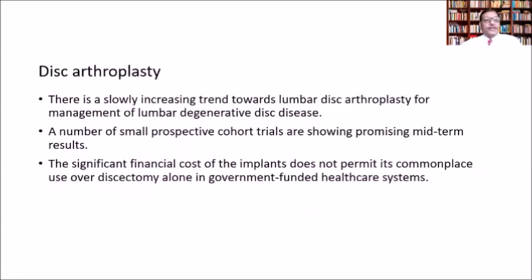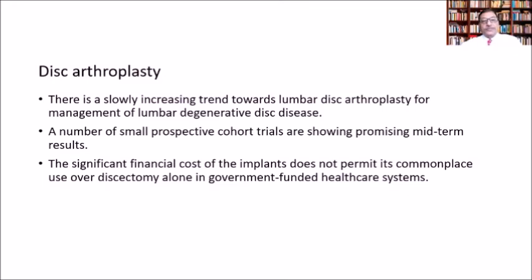Now, many of the surgeons are of the view that disc arthroplasty should be included in the management of lumbar degenerative disc disease. A number of cohort trials are showing promising midterm results. But the financial cost of the implant does not permit it as a common surgical procedure.